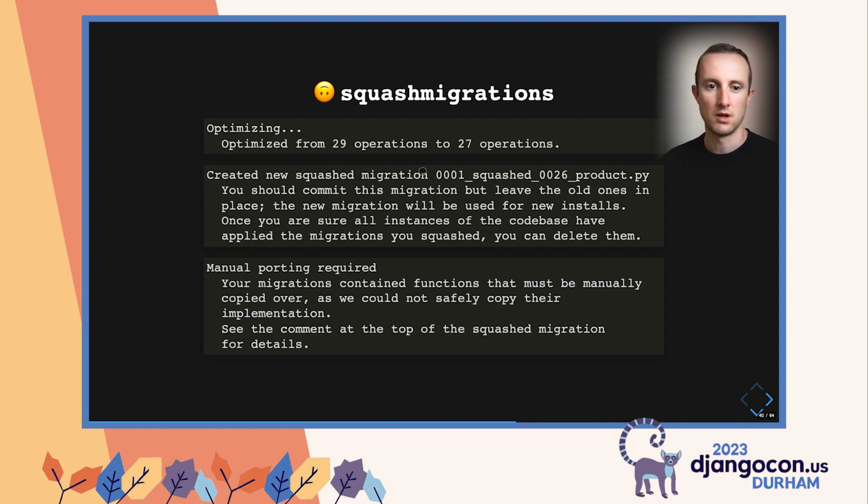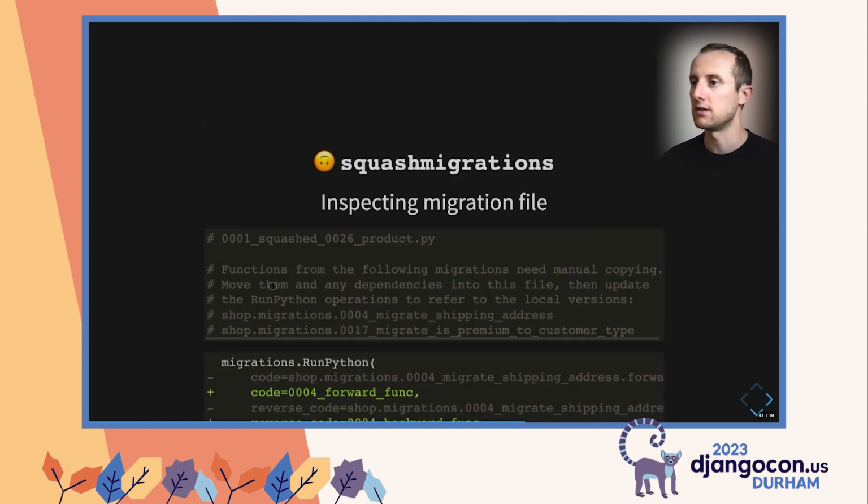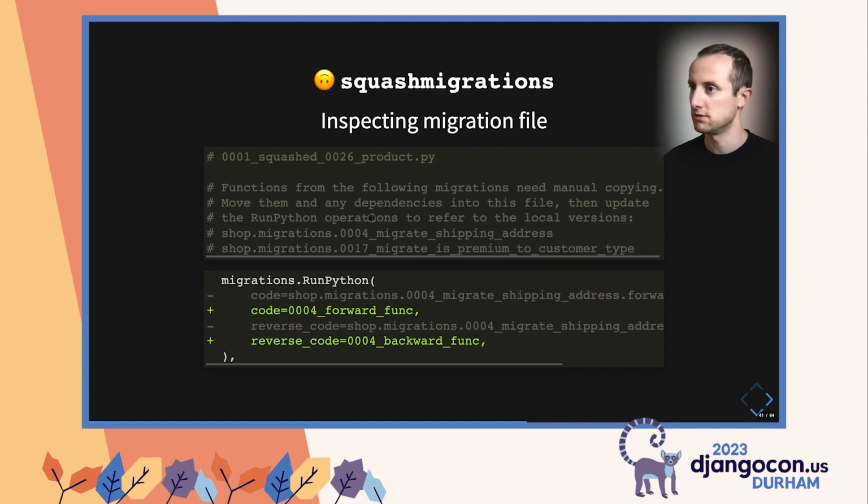Well, there was a manual porting required, because if you have some kind of custom command, custom SQL or custom Python code to run, then that won't be migrated. So you need to copy paste that into the squashed migration file. I did that in the example repository, you can see later on. And then you just need to specify which is the code to run for executing that.